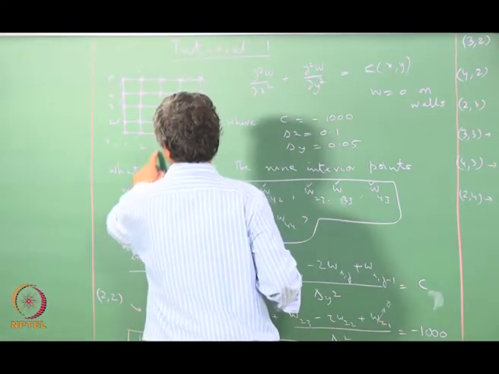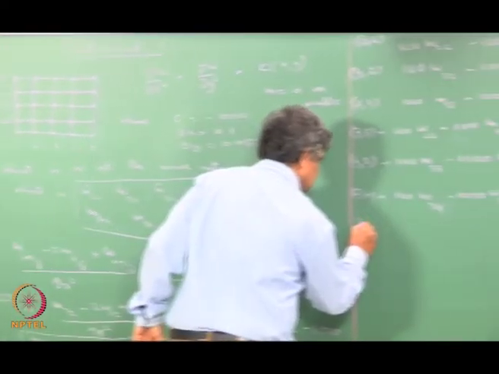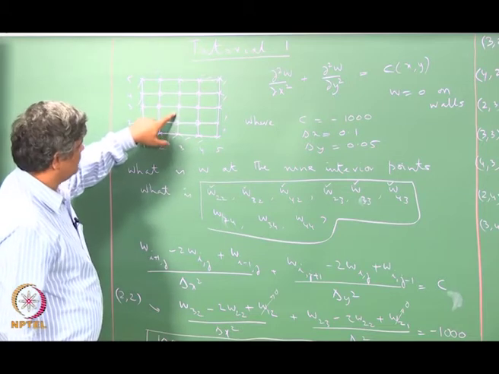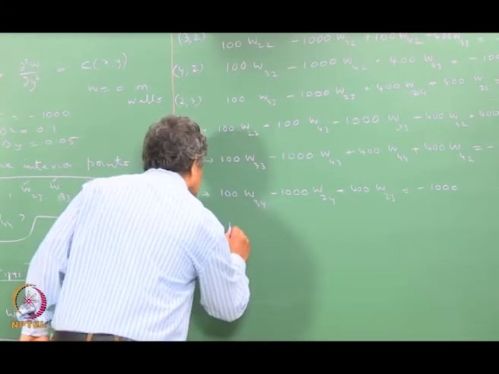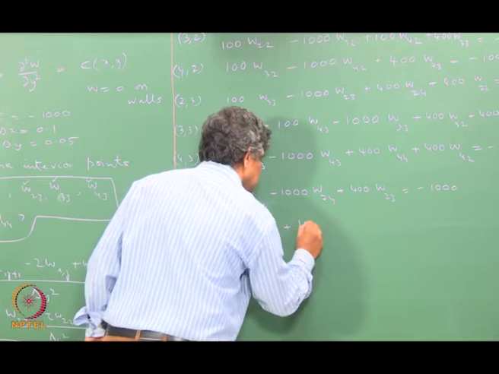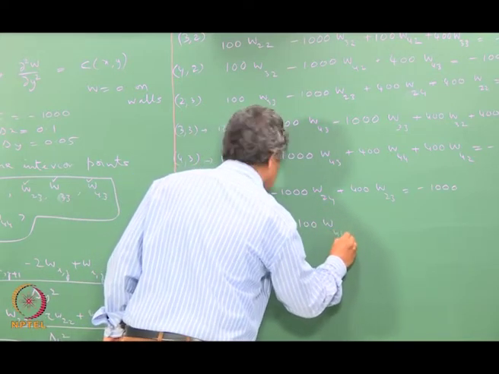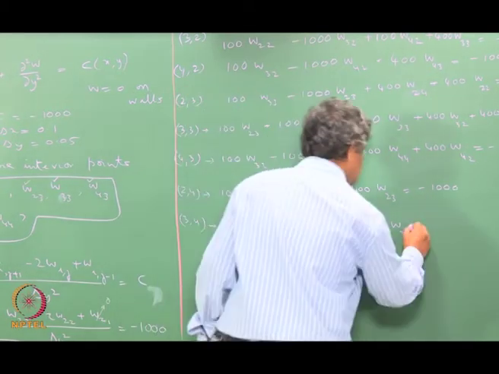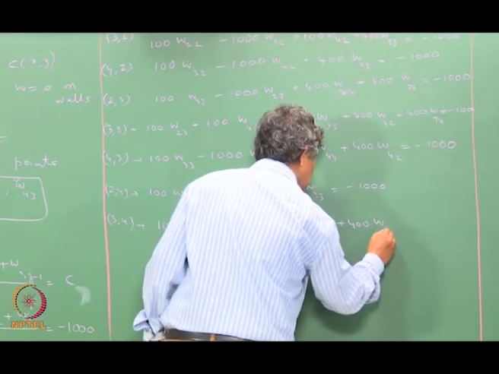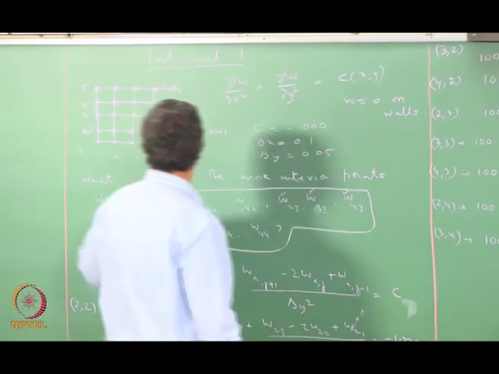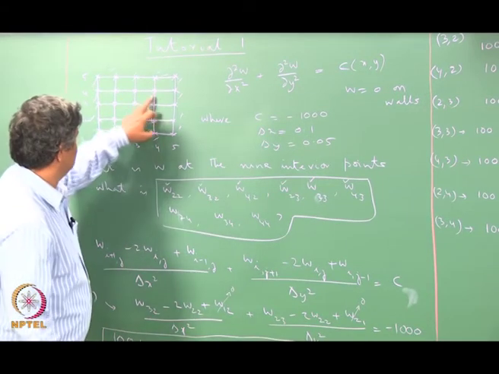And we come to W34, so that is this point here. This point will have 100 of 24, 100 of 44, 400 of 33. Okay, and the last point is W44 here.